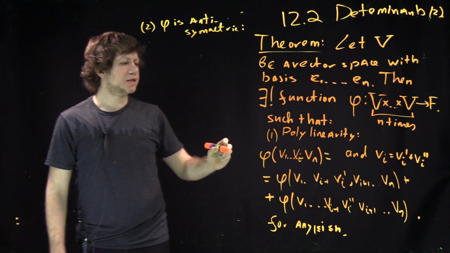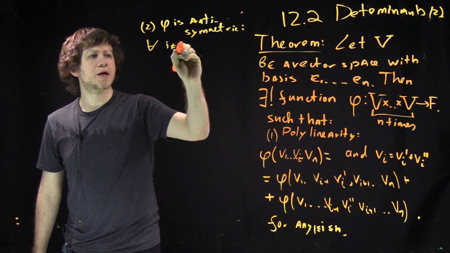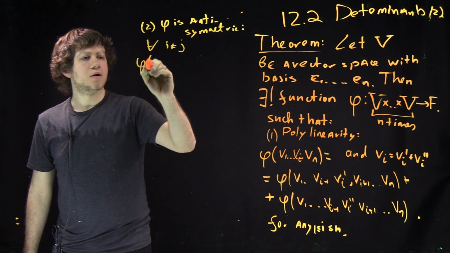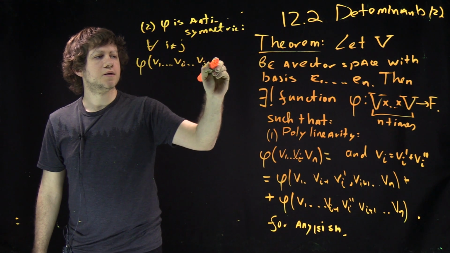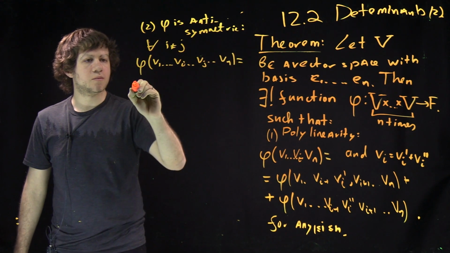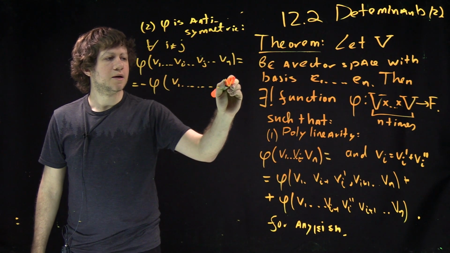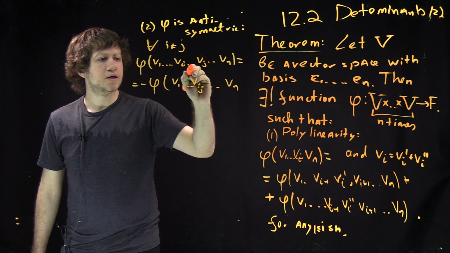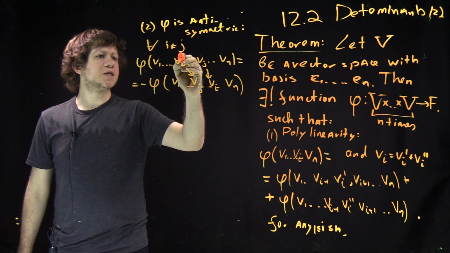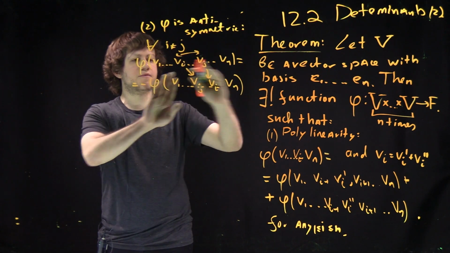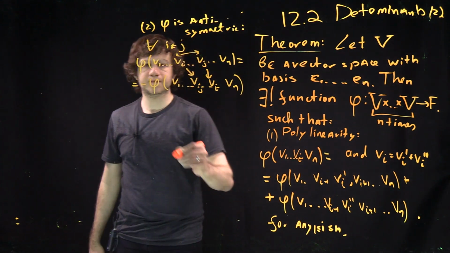What it means is that for every i not equal to j, if you take phi of V1 to Vi to Vj to Vn, that equals minus phi, and then you take the same vectors, except you put Vj in the position of Vi and Vi in the position of Vj. So you just exchange these two with each other and everything else stays the same. So this is called phi is antisymmetric.